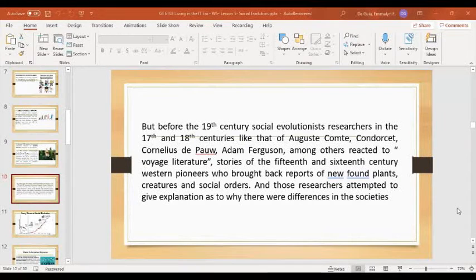Voyage literature can be a travel book, documentary, or journalistic book that has records about newfound plants, creatures, and social orders. These records gave researchers a basis to study the differences of societies and give explanations.